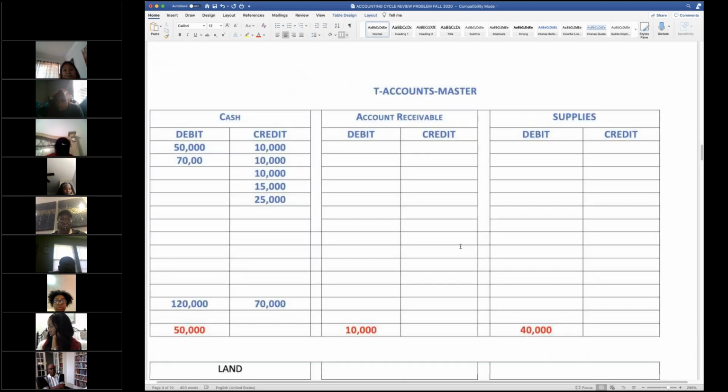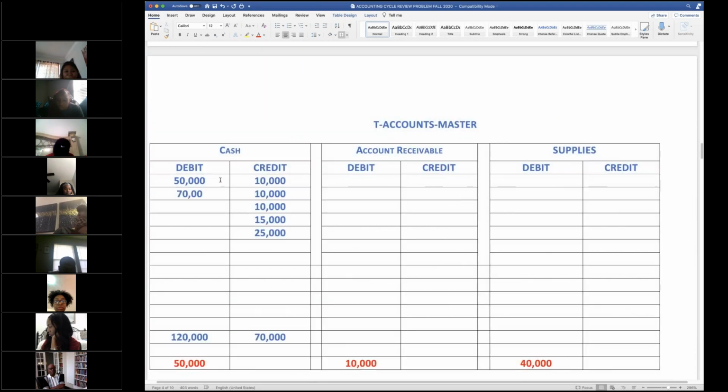For cash debit I have 50,000 because I'm still unbalanced. Okay, I'm gonna work with her on this. Everybody else go work on the trial balance.